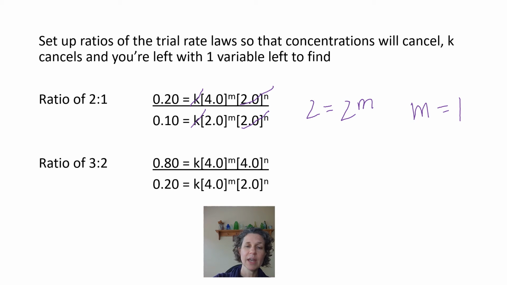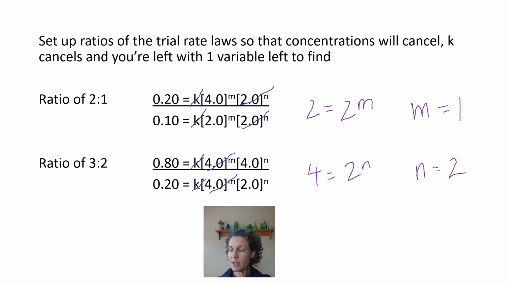The k's still cancel, and the 4's cancel, so get rid of those m's. Then I essentially have 0.8 over 0.2 equals 4 to the n over 2 to the n. So you've got 4 equals 2 to the n. Again, math-wise, 2 squared equals 4, so I know that n equals 2.